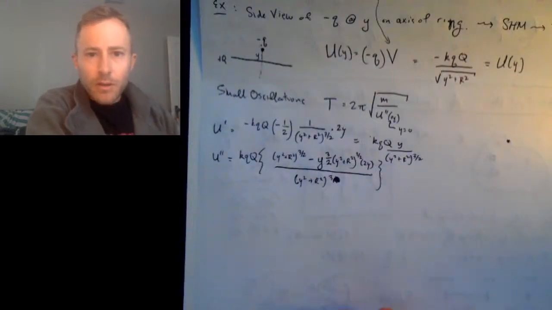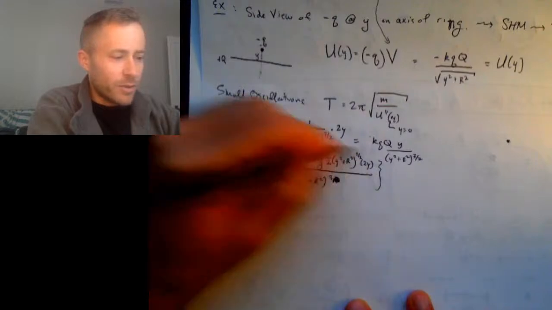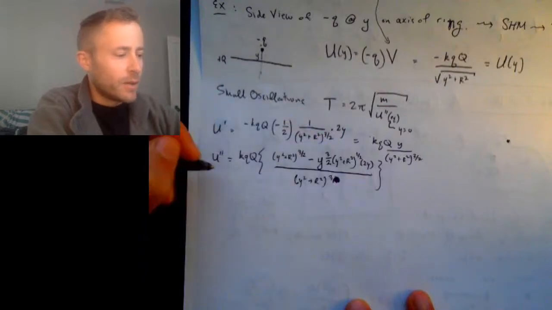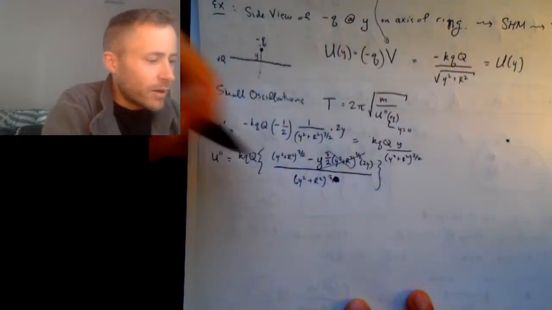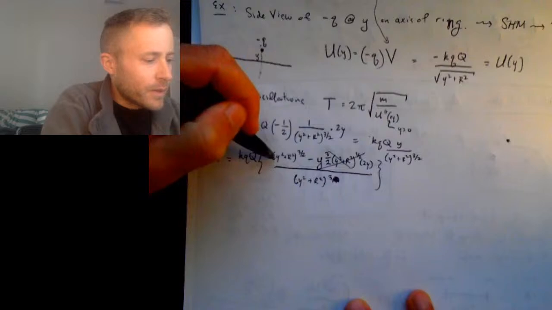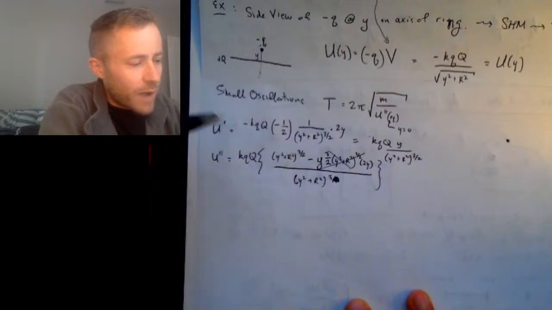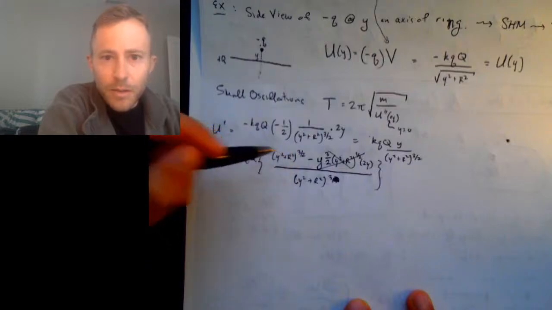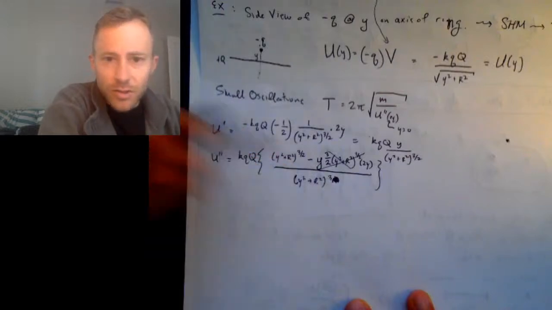All right, so now here's the nice thing, is we are evaluating this at y equals 0. So see how it's this second term here, the term where all the nastiness was? That's y times something. So when I evaluate it at y equals 0, this term just goes away. This term, when I plug in y equals 0, I get r squared to the 3/2, which is just going to be r to the 3rd power. And when I do this one with y equals 0, I get r to the 6th.